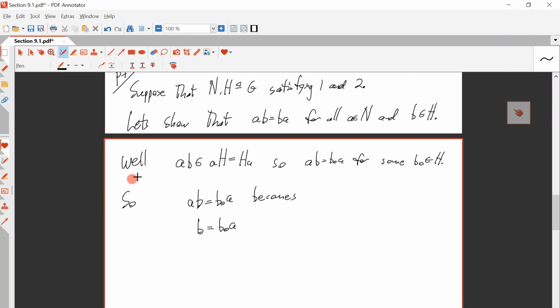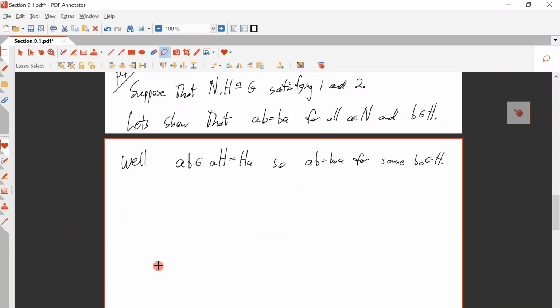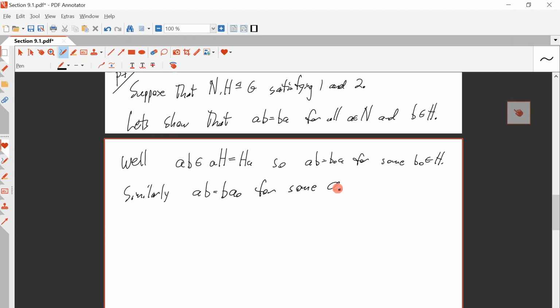Okay. So similarly, AB is equal to BA0 for some A0 in N. So, B0A is equal to BA0.